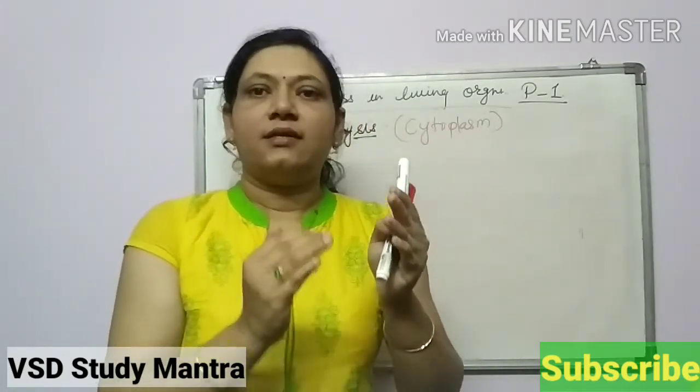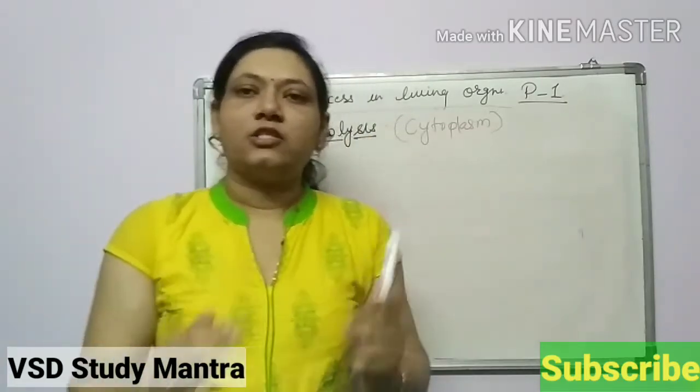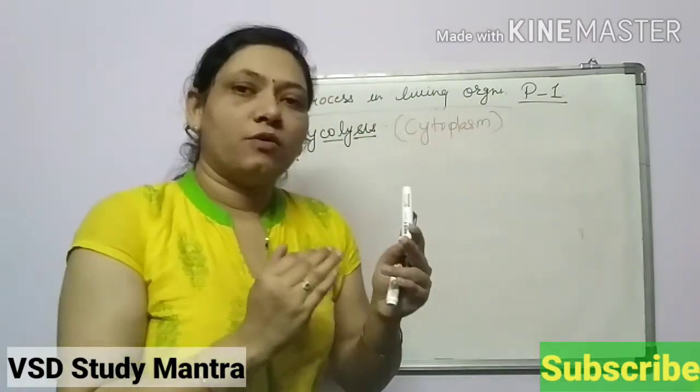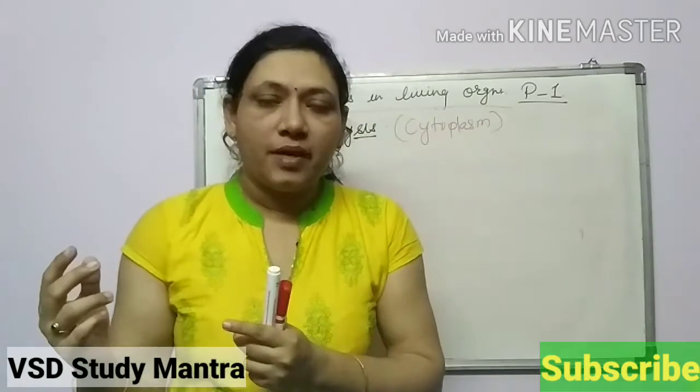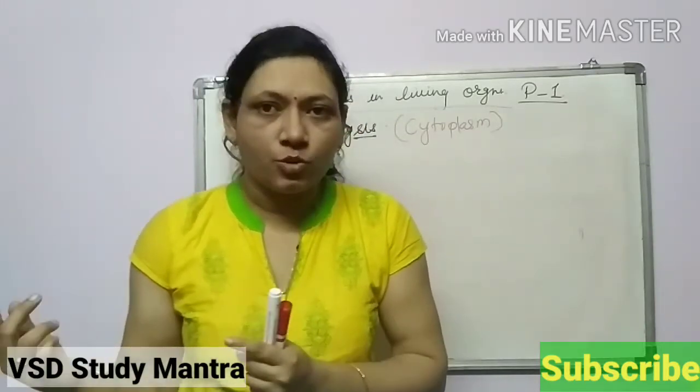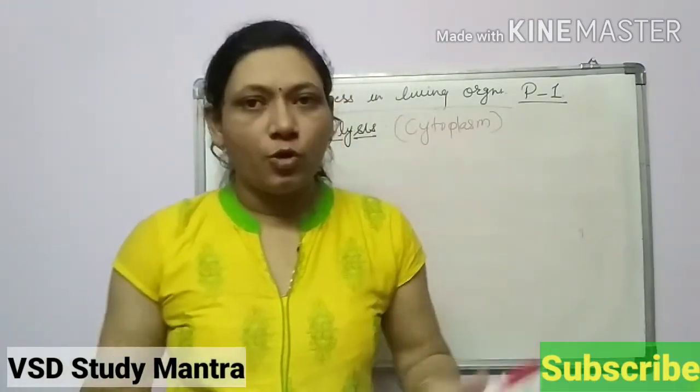Just like that, glucose also divides into 2 parts. The glucose, divided into 2, converts into 2 molecules of pyruvic acid, plus ATPs, NADH2 and water. These are the products formed after the splitting of glucose.